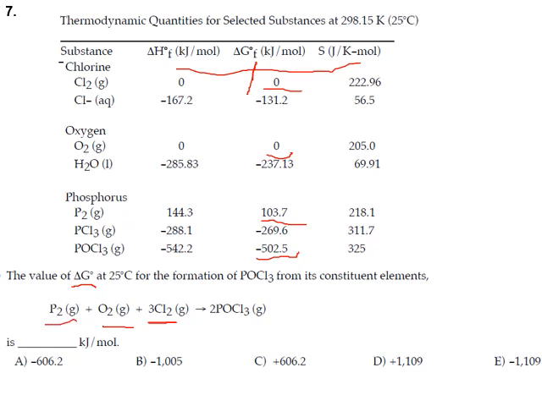And the answer is because phosphorus does not exist as a gas at room temperature. So to form P2 as a gas, you would have to sublimate it, which would require a certain amount of energy. And it turns out that it requires this much energy right here.